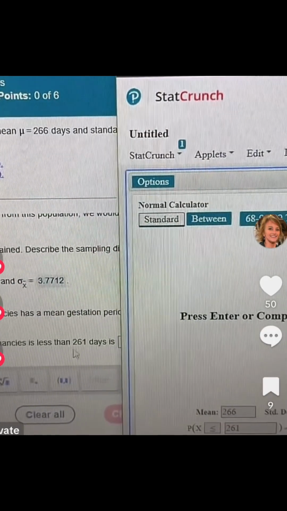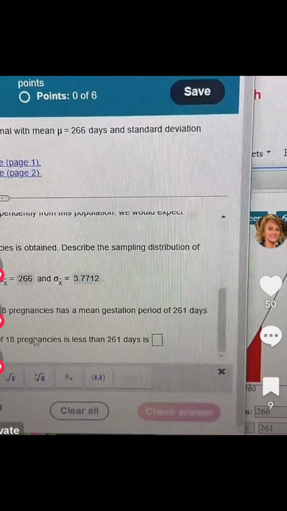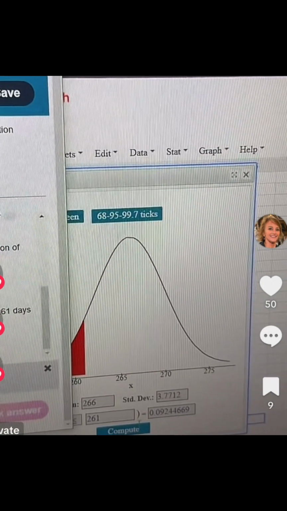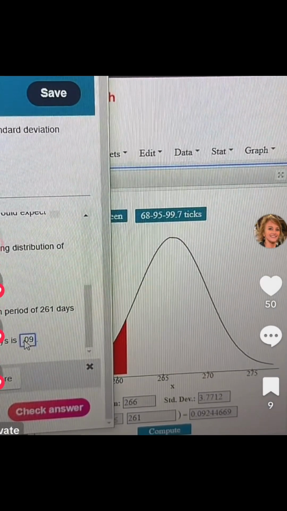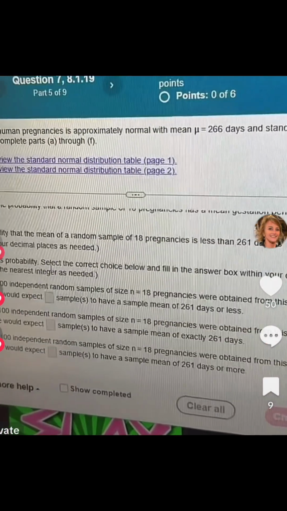And we're still checking to see if it's less than 261 days. So we hit compute, and this is 4 decimal places right here, 0.0924. Nice work.